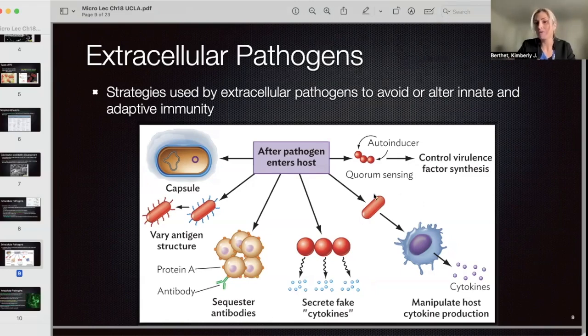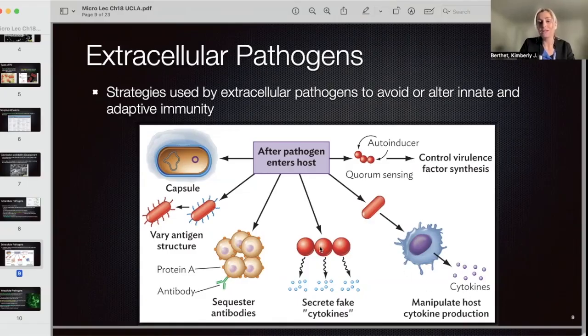And that's part of biofilm formation as well. We have quorum sensing as communication, essentially talking between cells that are gathering together. Here we see a couple other ways of evading the immune system, like secreting fake cytokines. Cytokines are an immune part of the immune signaling. And then we have microbial cells manipulating host cells to secrete cytokines as well.